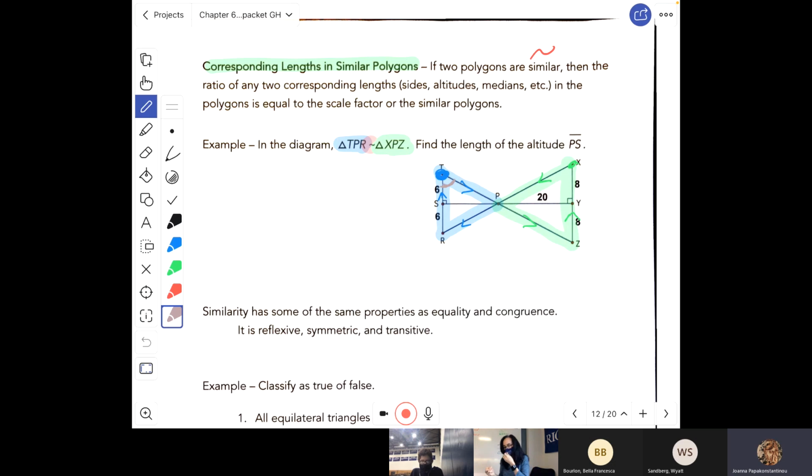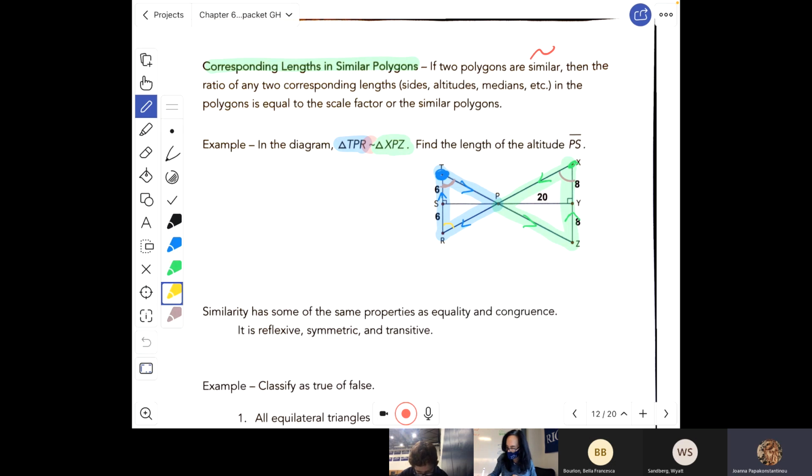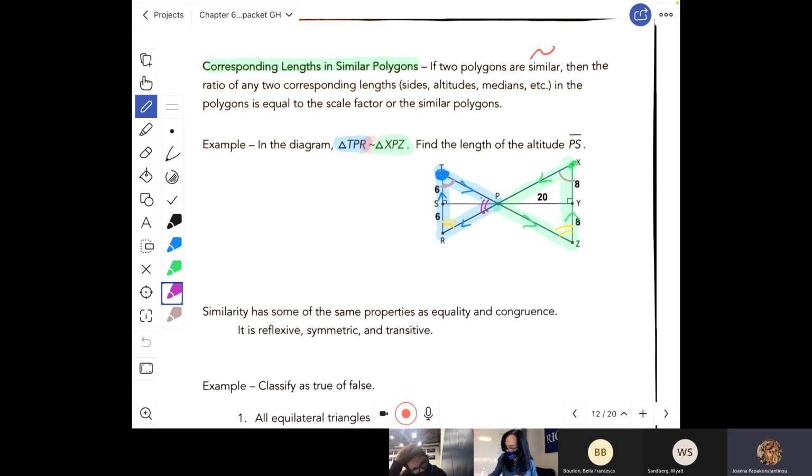What is the corresponding angle that is congruent to angle T? X. Good. What is congruent to angle R? Z. What is congruent to angle TPR?